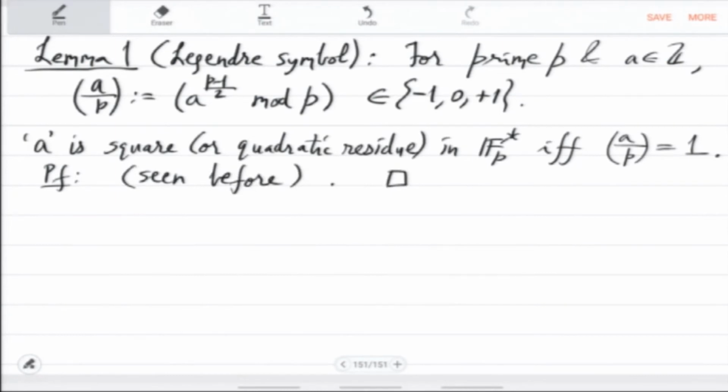Now, what is the analog of this when p is not a prime? Note that this A by p you can compute given p a prime, but when p is composite, first of all, how do you define the analog, and second, can you compute it? The analog is called the Jacobi symbol.